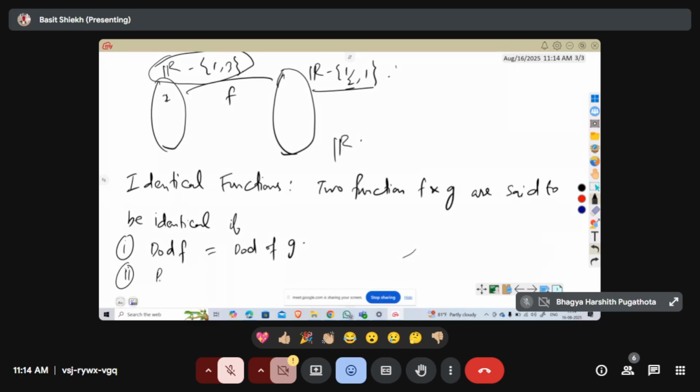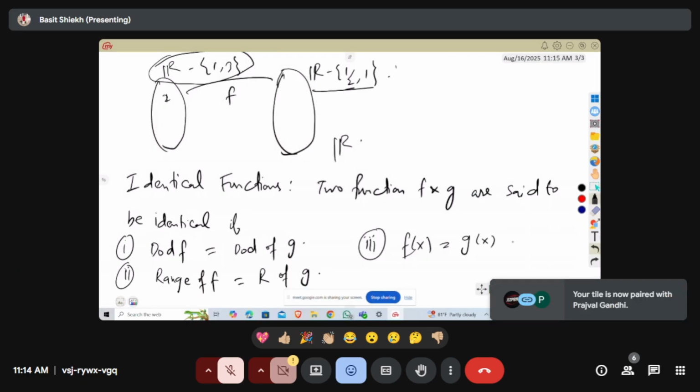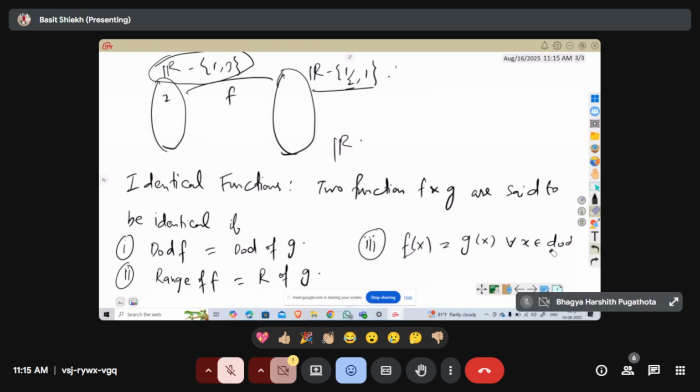Second, range of f equals range of g. Third, f of x equals g of x for all x belonging to the DOD.